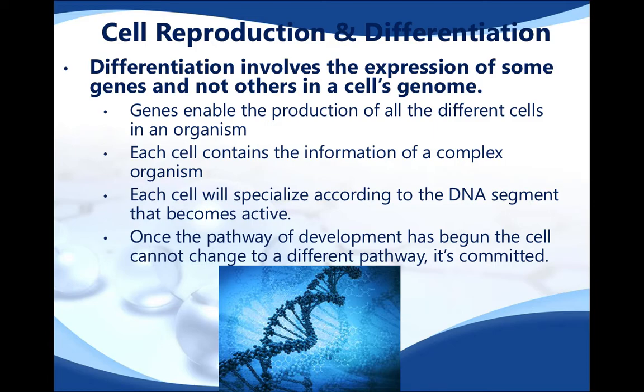Each cell contains information of a complex organism, and the cell will specialize according to the DNA segment that becomes active. Now, you would know that DNA structure is of a double helix, and we will look at the structure of DNA in more detail later on.